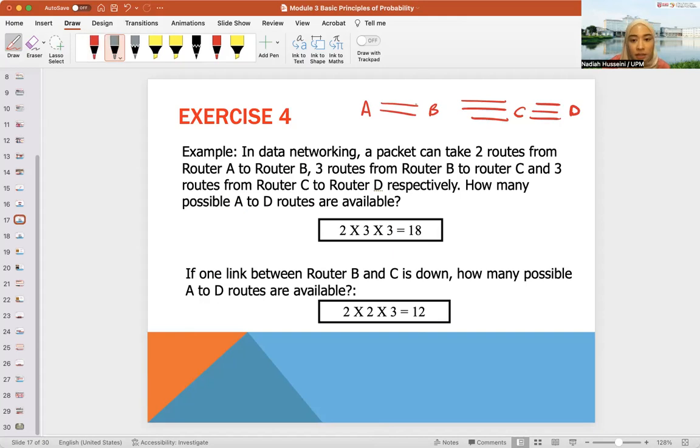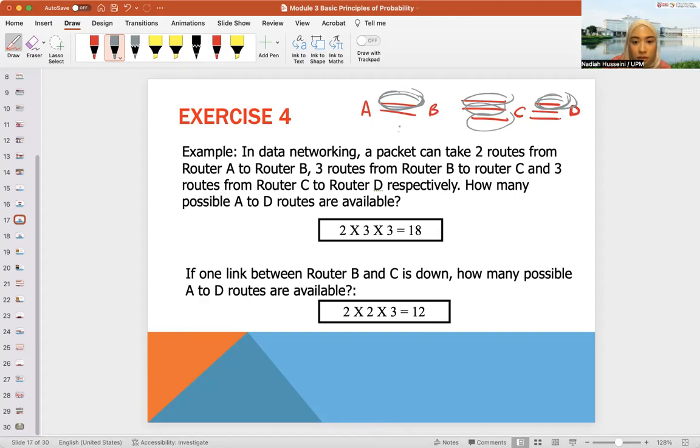So let's say you select this route, and then this route, and this route. This is only one route, one possible way. Then you select this one, and this one, and this one. This is another possible way. You select this one, this one, this one. This is another possible way. You get the idea, there's a lot.